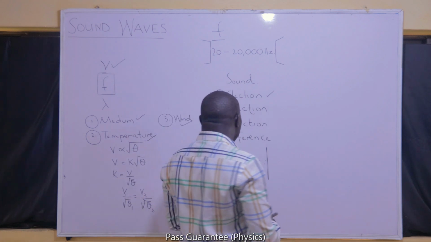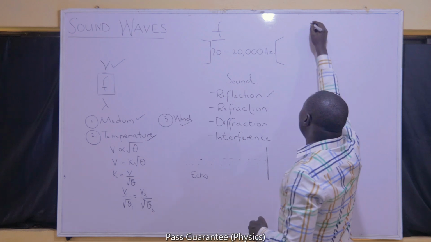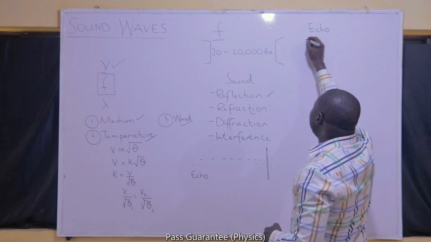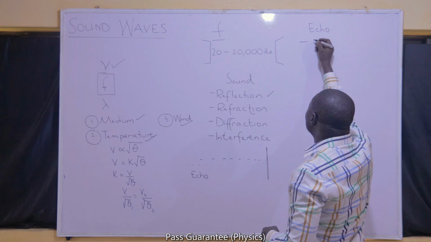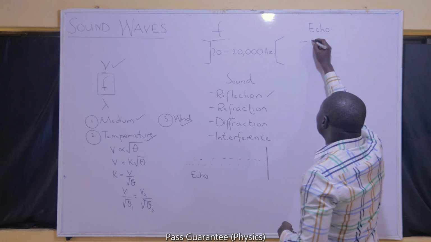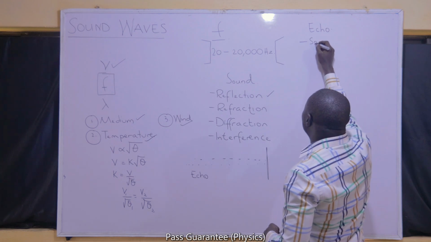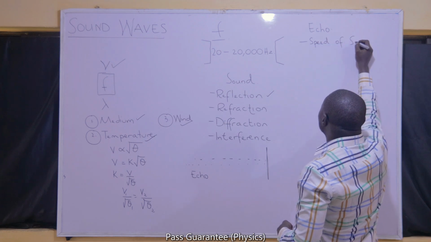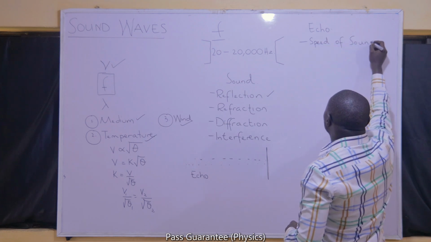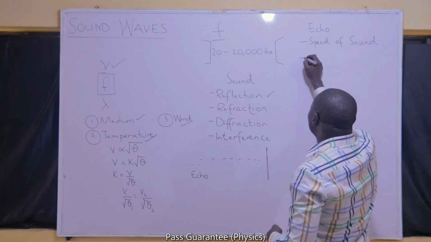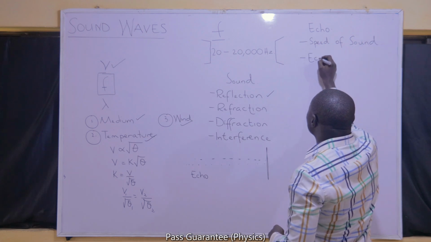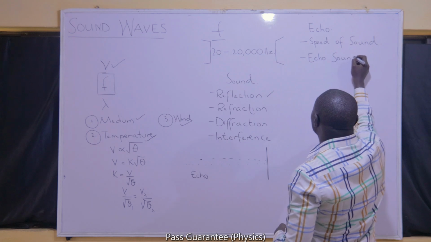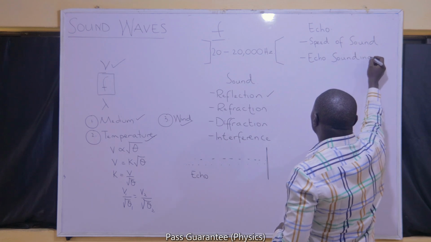Now, there are so many uses of echo. I said echo is the sound heard after the reflection of sound by a hard and rigid surface. One of such is the determination of the speed of sound. We are able to know the speed of sound principally because we can employ echo for the purpose. There's another thing that is called echo sounding, which also has another name: echolocation.